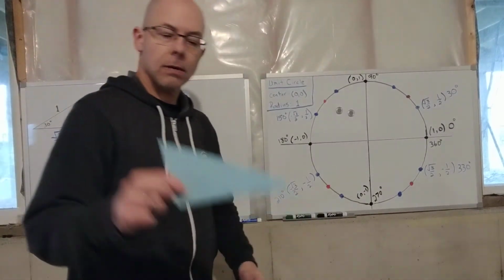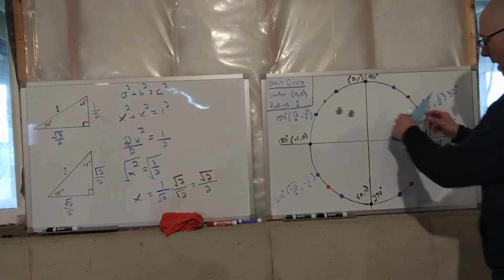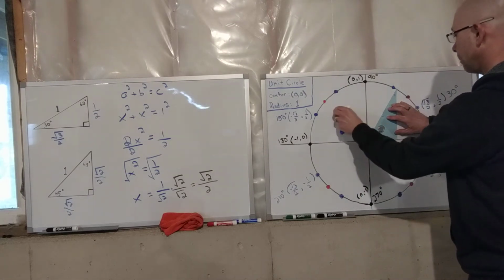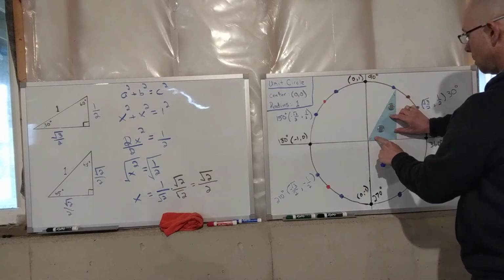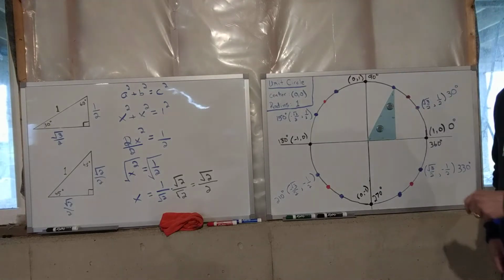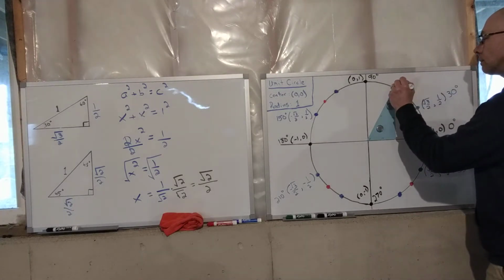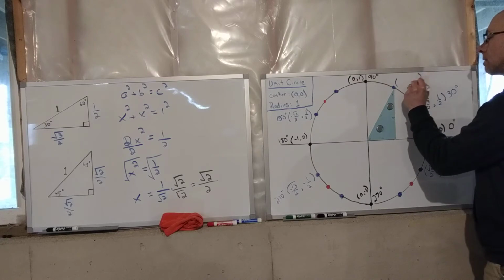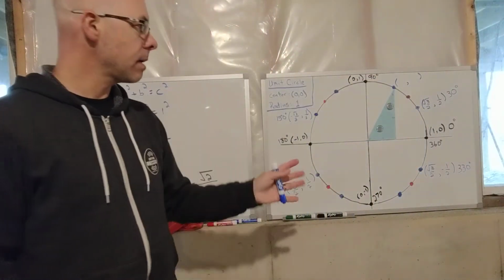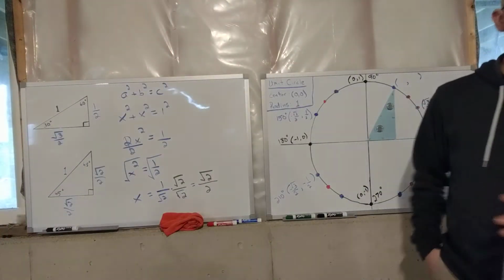Now I'm going to use that same triangle again, except this time I'm putting the 60. And this time I'm going to put it here, I'm going to leave it here. But the 60 is right there and it lines up with that point. Now, you guys, let's understand something. That's the same triangle. It's got the same two sides, square root of 3 over 2 and 1/2, but they've traded places where they're located.